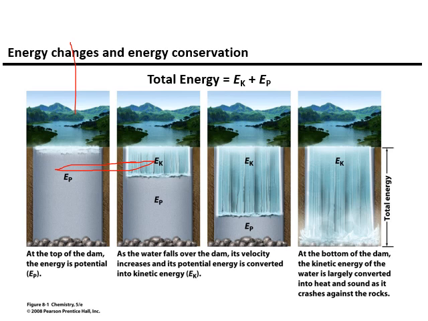But the point of this slide is just to show you that once the water starts to overflow the dam, then the potential energy that you had up here is now converted to kinetic energy here as the water's flowing over the dam. And then once the water hits down here at the bottom, then that kinetic energy is turned into things like noise or sound energy, and also friction as the water hits the rocks.